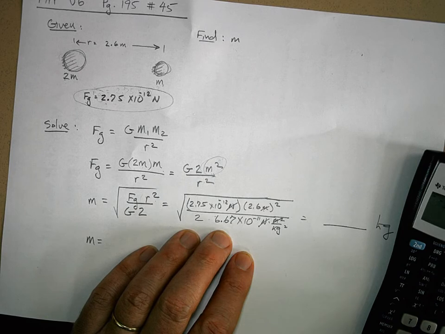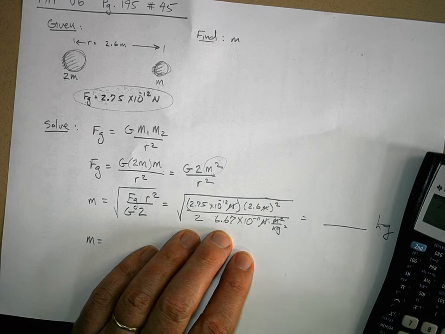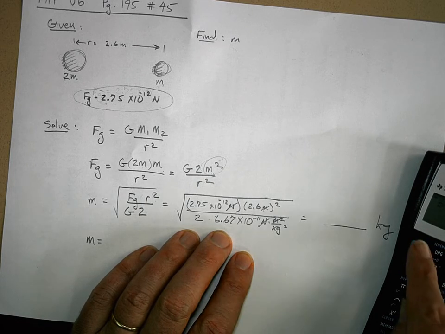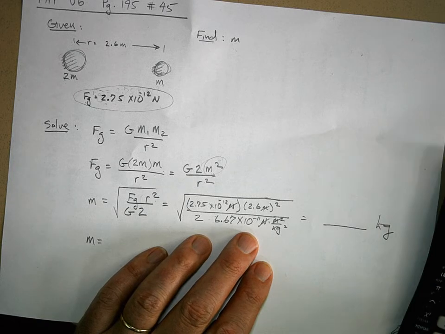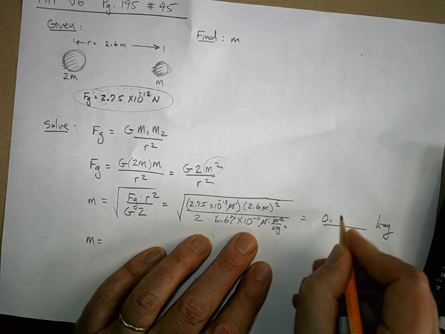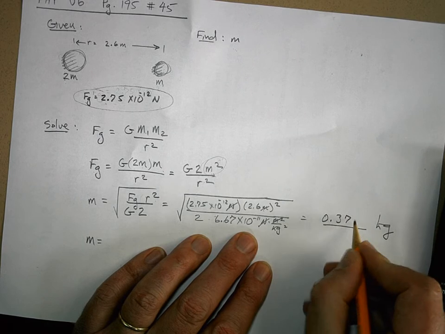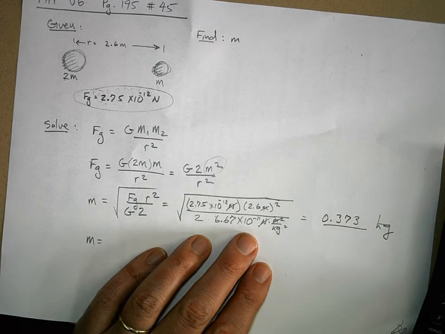Let's back up. I'm going to put another parentheses. 2 times 6.67 times 10 to the negative 11, close parentheses, equals, and I get 0.373 kilograms.